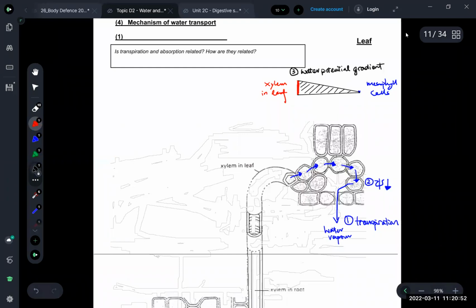From the leaf xylem to the mesophyll cells. And this water potential gradient would draw water from the leaf xylem to different mesophyll cells by osmosis.